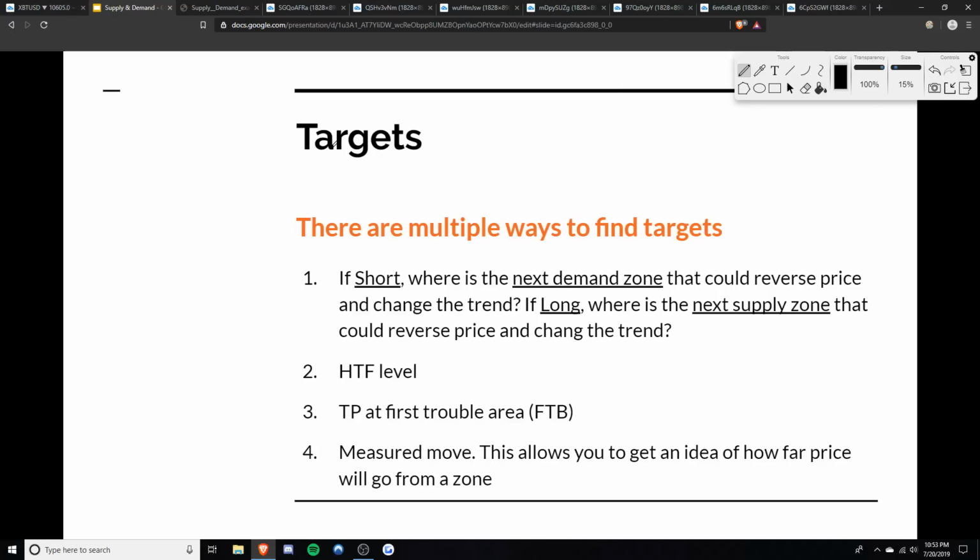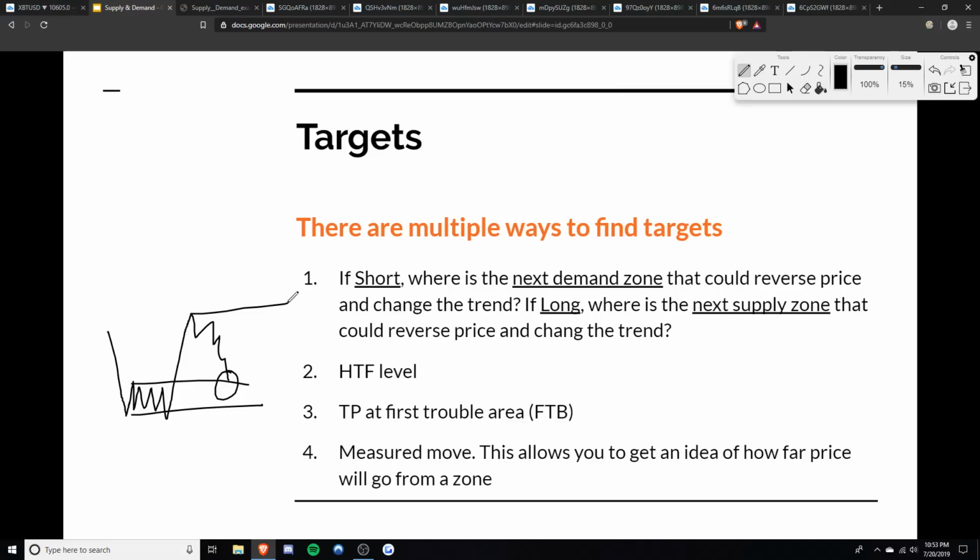Option 3 is you can take profit at the first trouble area. So say you have a drop, a base, a rally, right? Price comes back down, you get filled here.